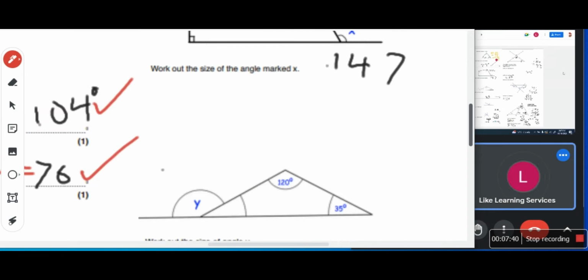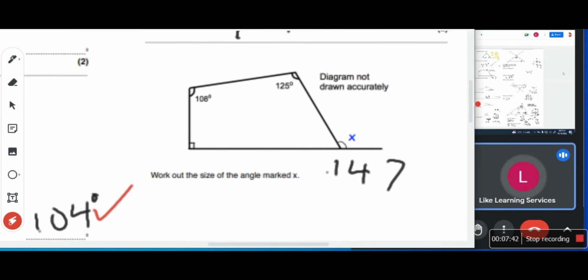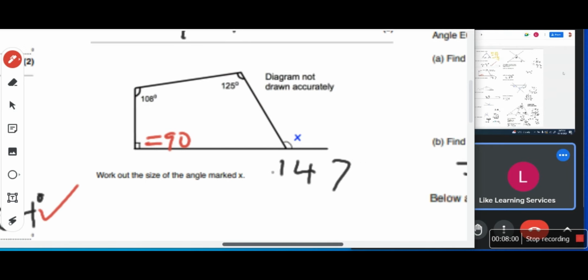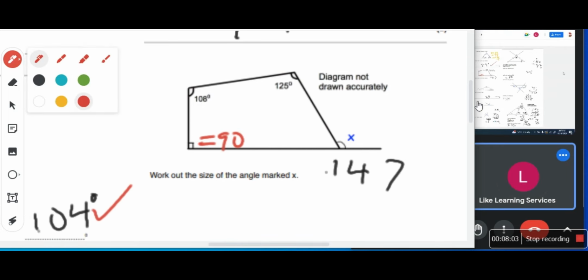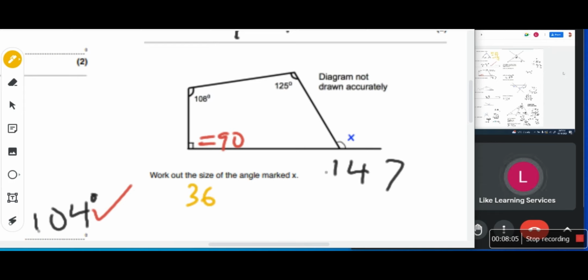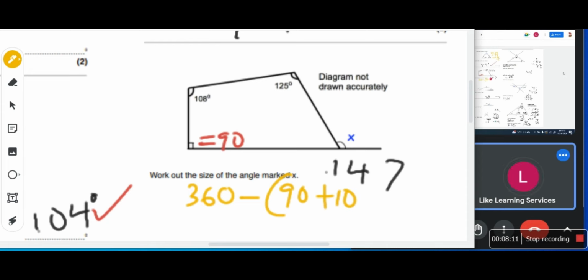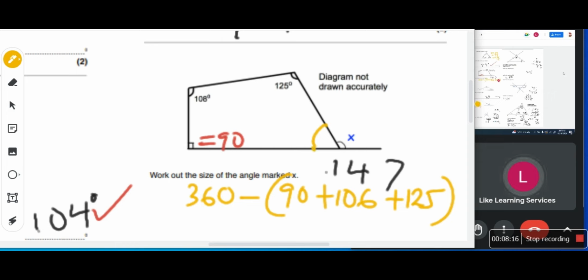And this one, I see, is also a quadrilateral. These, 4 sides. 1, 2, 3, 4. So this is already 90. This sign means 90 degrees. 108, 125. So I think what you did was you did 360 minus all the other ones added together, 90 plus 108 plus 125 to get this one.